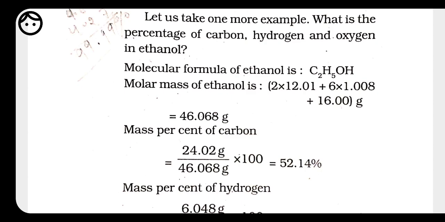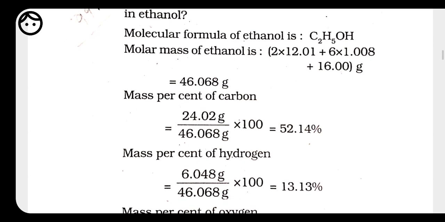Now we need to calculate the percentage of hydrogen in ethanol. Mass of hydrogen is 1, but here we have 6 hydrogen atoms present in ethanol. That's why we multiply 1.008, or directly you can multiply 1 into 6, that is 6, divided by molar mass of ethanol, 46.068, into 100, then we get 13.13 percent.